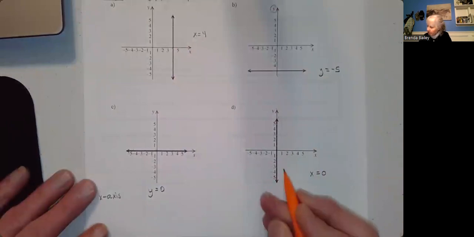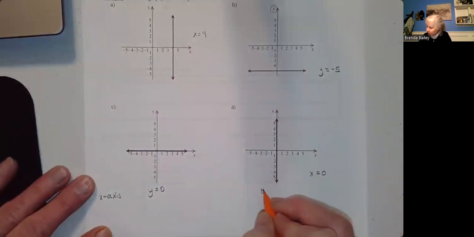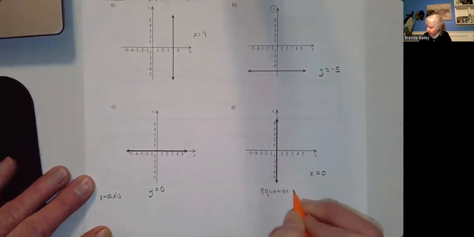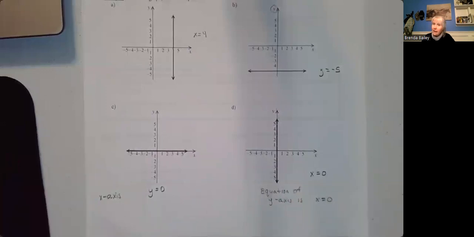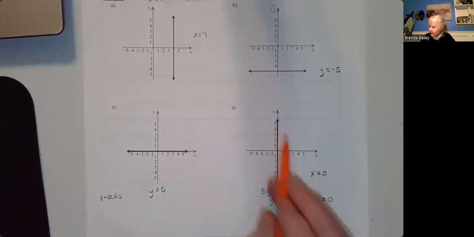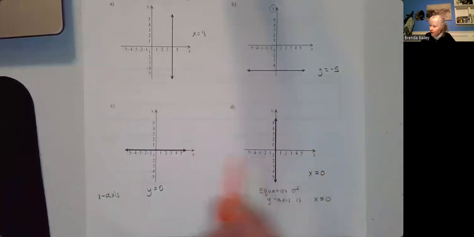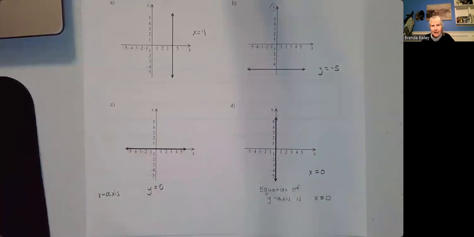Okay, so this is the equation. I'll write it out. Of the y-axis is x equals 0, because the y-axis forms a vertical line, and they're always x equals. It hits the x-axis at 0, the y-axis at 0.